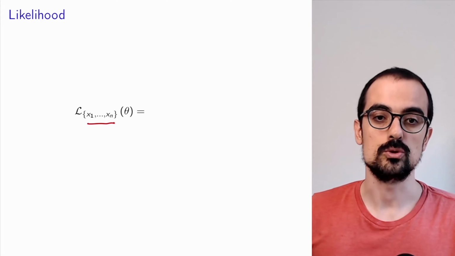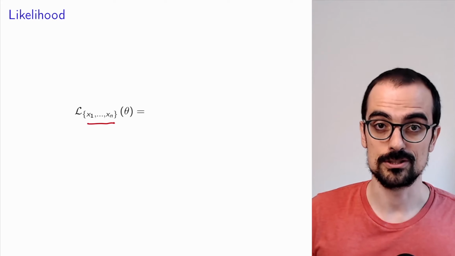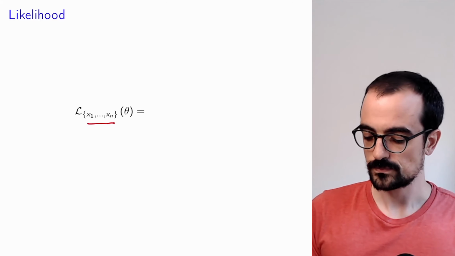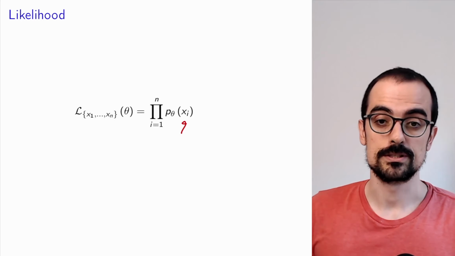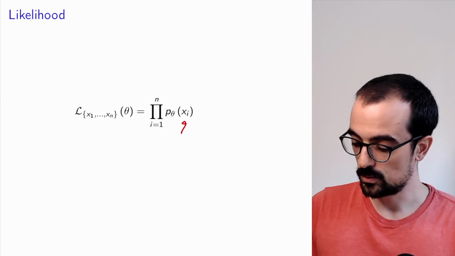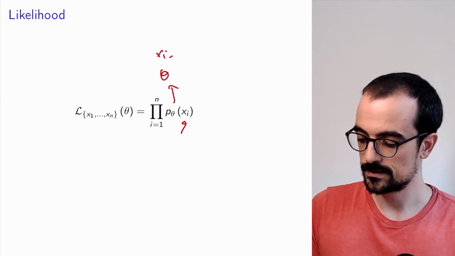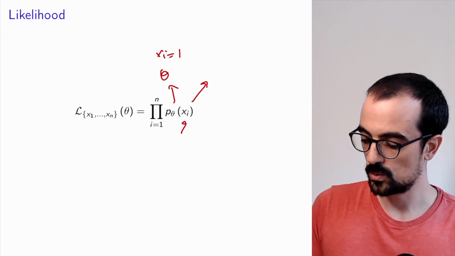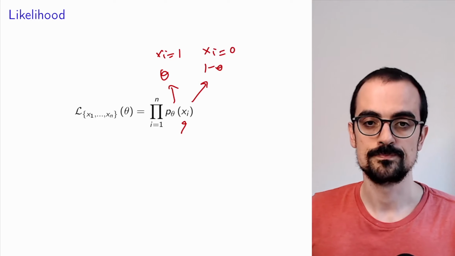So we're going to derive the likelihood. The likelihood, remember, under IID assumptions, is the product of the PMF evaluated at each of the data points. And now for the Bernoulli distribution, this is equal to either theta if xi is equal to 1 or 1 minus theta if xi is equal to 0.